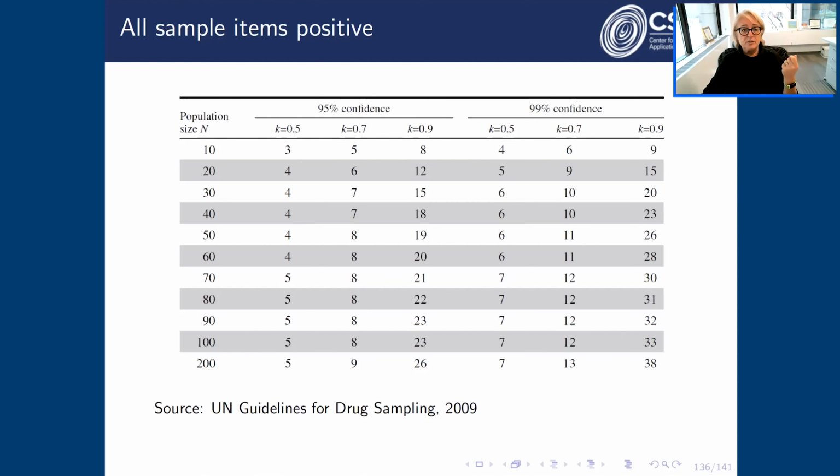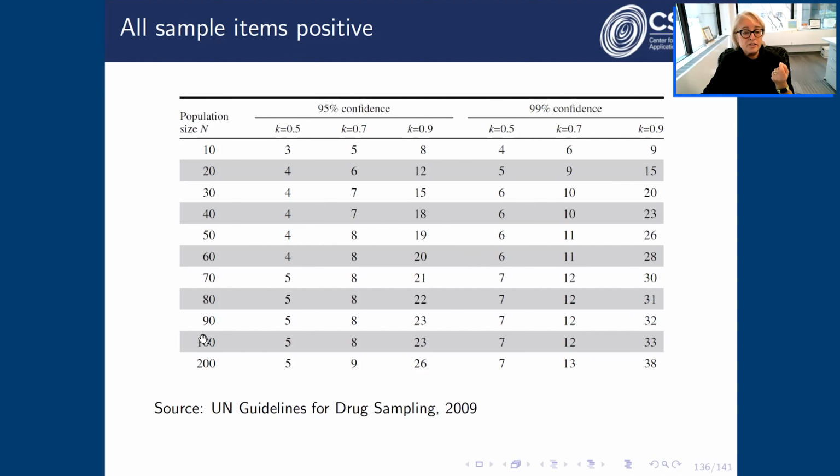And if you want to say that at least 90%, 9 or more, are positive, then you would need to draw 8 positive values in your sample in order to say that. If you want to increase your level of confidence, of course, your sample size increases.